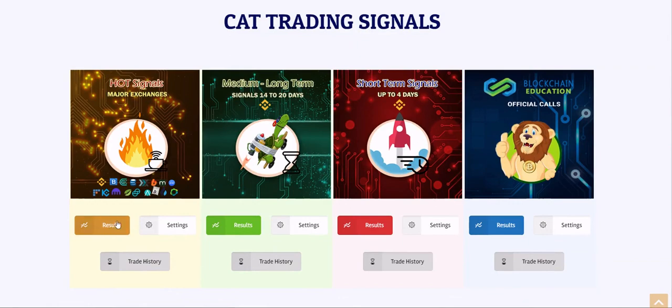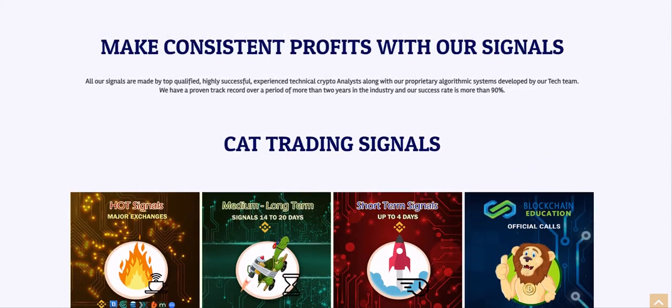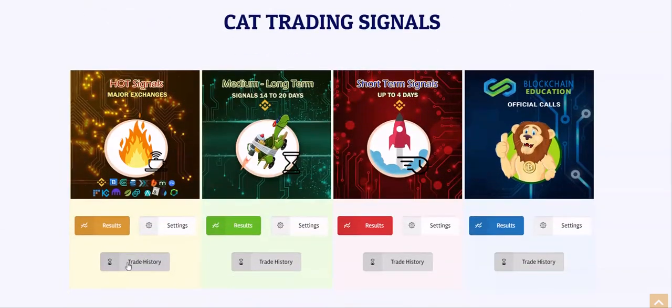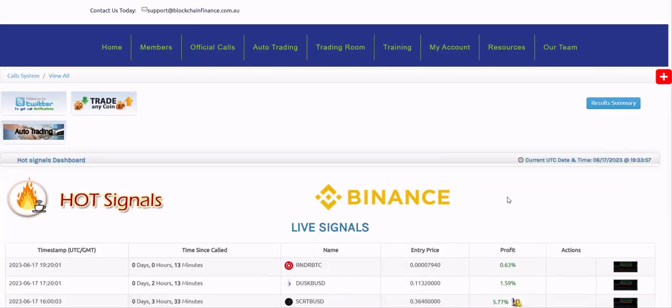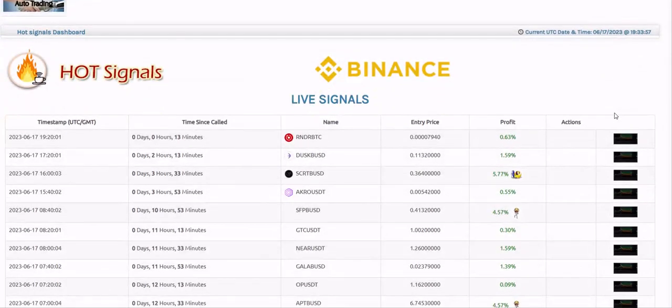So let's go to Hot Signals and take a look at what the recent results were. Now this is on Binance.com, which is an international site. So these are the hot signals. They're based on a short time frame, pretty reactive, a good prolific signal type, fully automated.